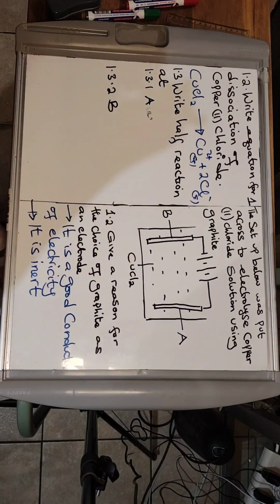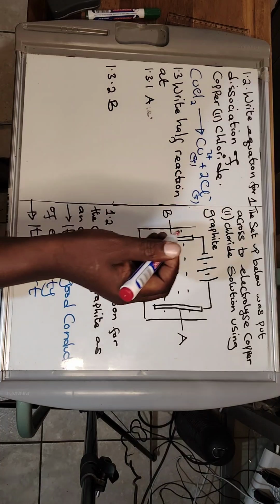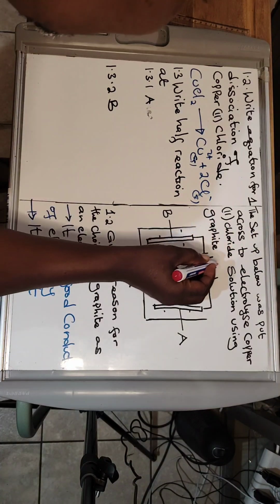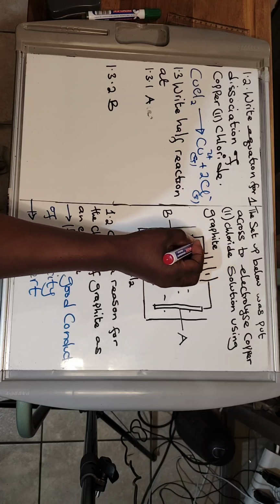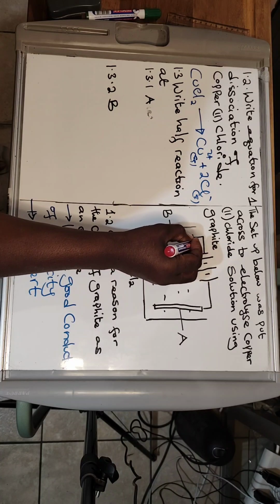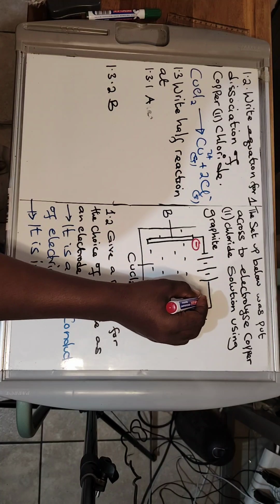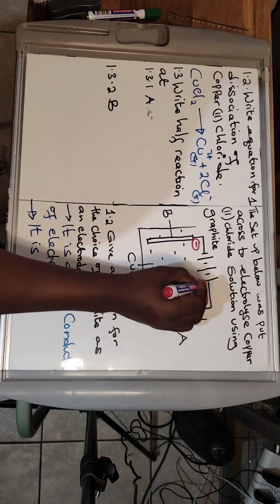Now, this question seeks the half reaction at electrode A and electrode B. How do we answer this question? You have to go to the battery. The battery gives us the polarity. The small stick here is the negative, and the long one is the positive.